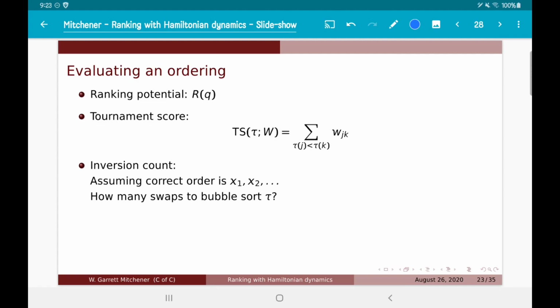A more universal way of evaluating a ranking is something called the tournament score. The way this works is that you start with the original weight matrix, and for the most part, there will be ones scattered throughout this matrix.